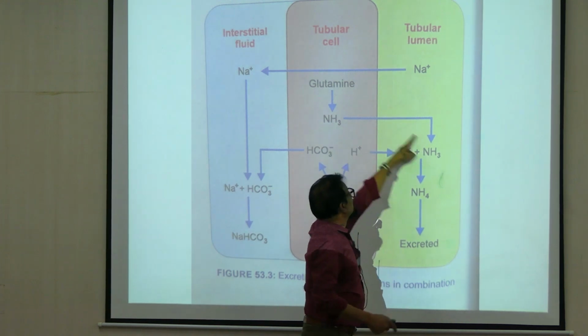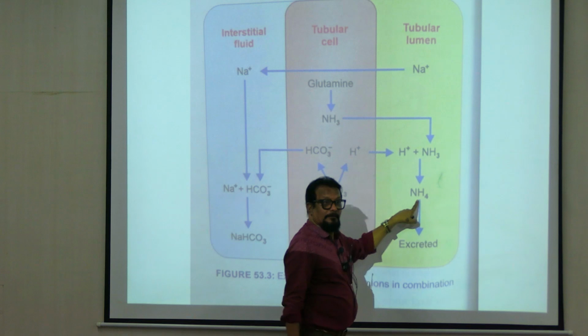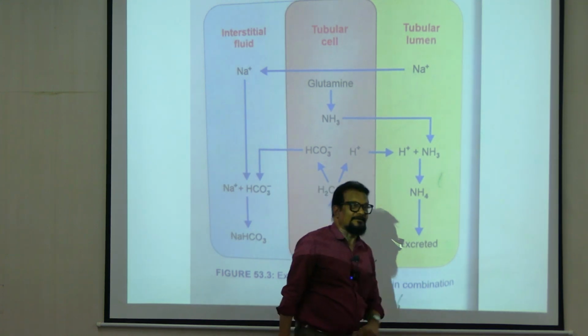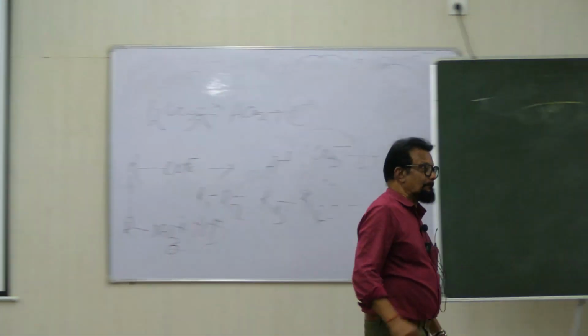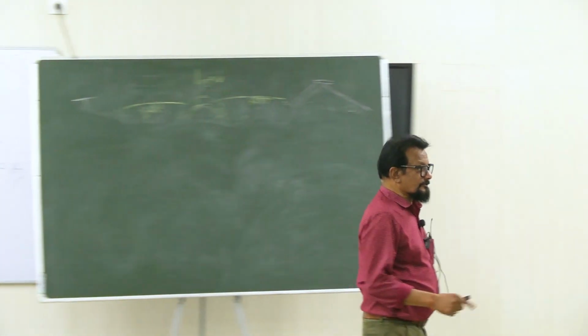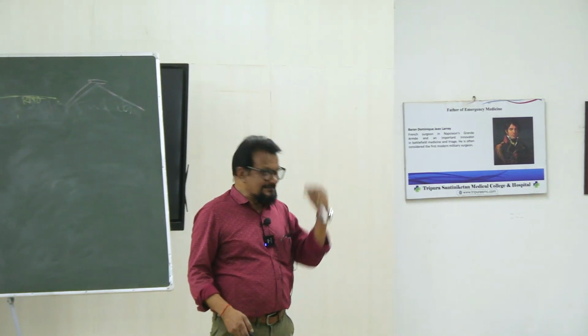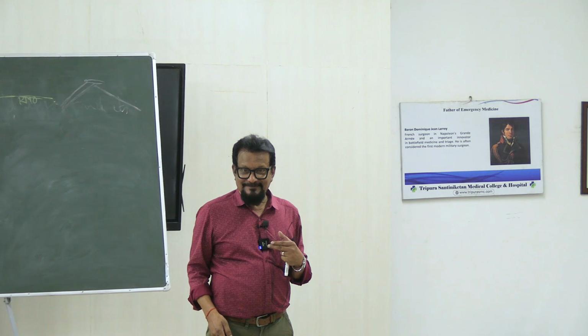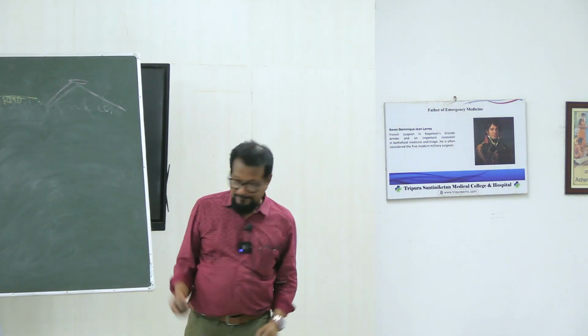Now it will combine with this deaminated ammonia to form NH4, and this way it will be excreted. So isn't it very easy? Very simple. It is not so tough. So in that way the kidney, by these three systems, can control acid-base balance. Okay.